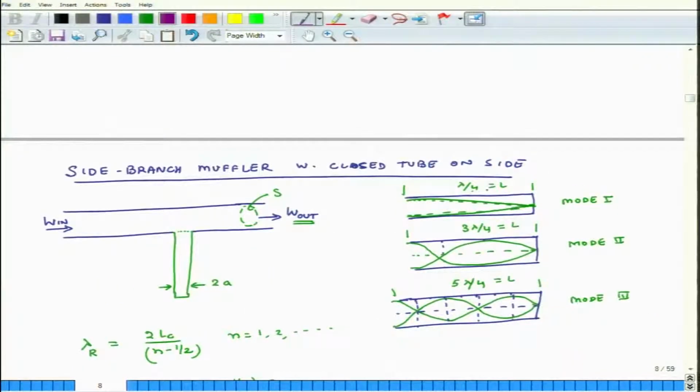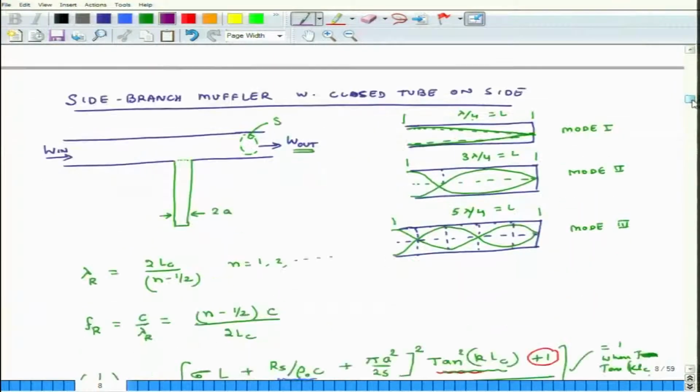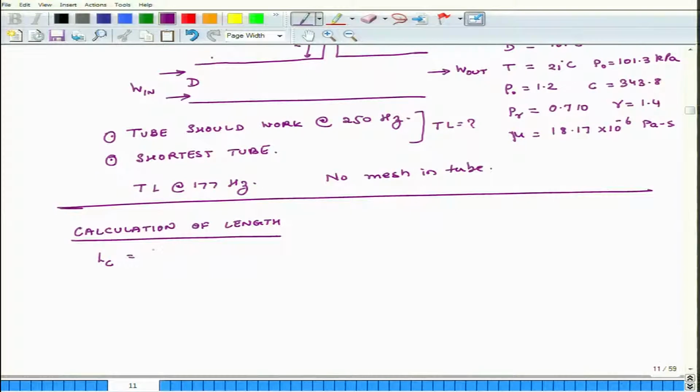One mode could be lambda over 4 equals L, another could be 3 lambda over 4 equals L. The tube will be shortest when lambda over 4 is equal to L. So, LC equals lambda over 4 at 250 hertz.